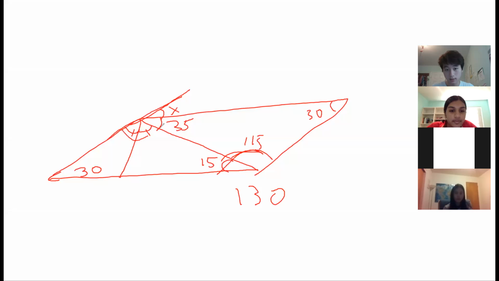So isn't the other side also 130? And then x is 15? Yep. X would be 15. Nice.